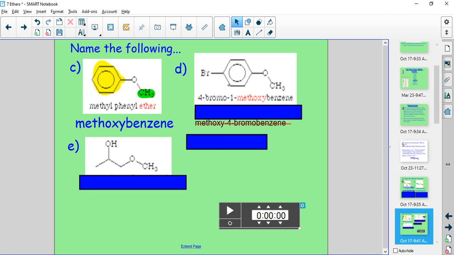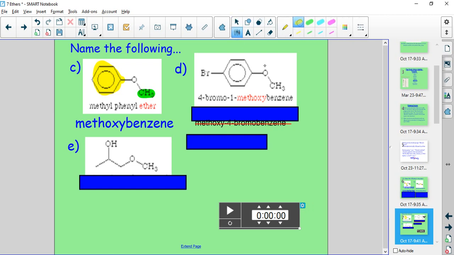All right, next example. Okay, so here is one possibility. So this is a good example, actually, of something that it's probably easier to name using the parent or using the oxy portion. So here we have a parent benzene. Okay, so this parent is benzene, and off of benzene we have a couple things going on.